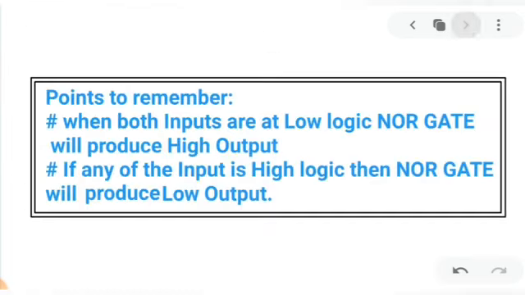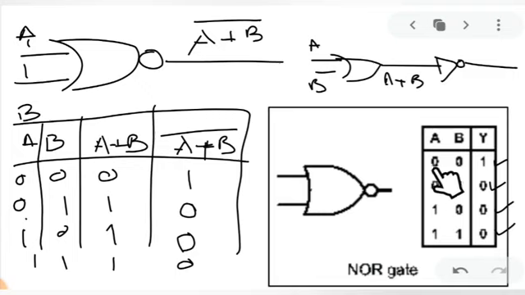Now, what points are to be remembered in this NOR gate? When both the inputs are low, in this case the NOR gate will produce a high output.